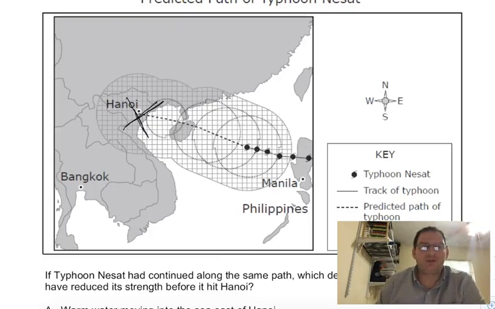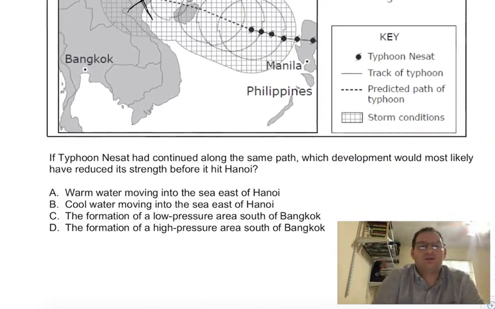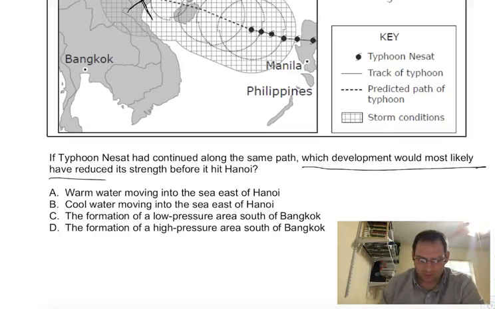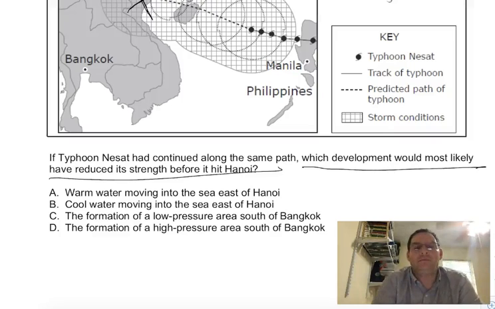Okay. Let's go to each one. If Typhoon Nesat continued along the same path, which development would most likely have reduced its strength before hitting Hanoi? So we're trying to figure out which development would have likely reduced the strength before hitting Hanoi. Let's go through each one. A, warm water moving into the southeast of Hanoi.